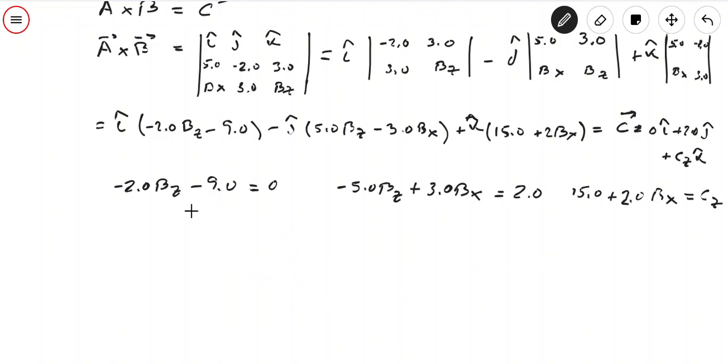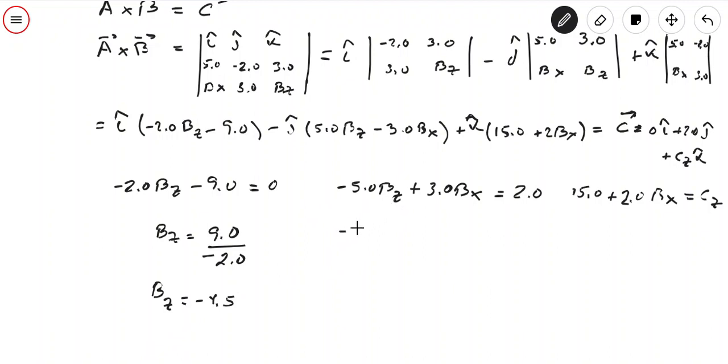Solving this first equation here, I get Bz is 9.0 over negative 2.0. So Bz will be equal to negative 4.5. Now we replace this Bz by negative 4.5, or by negative 9 over 2.